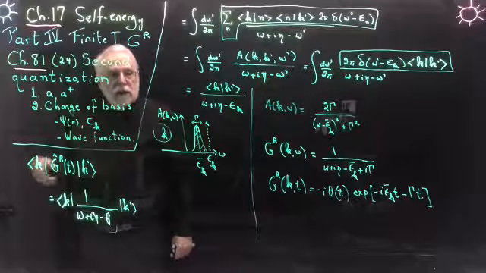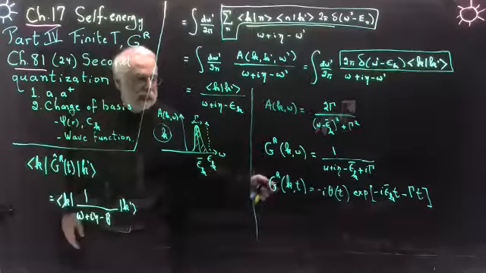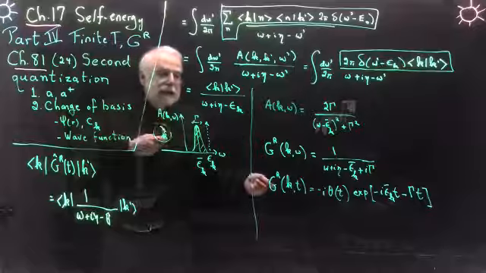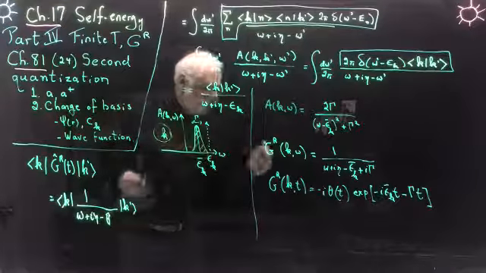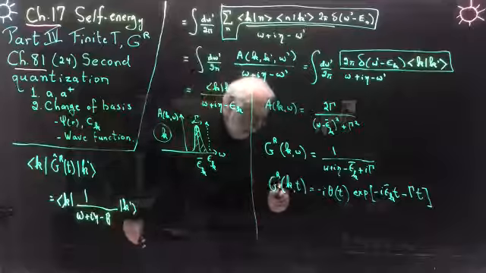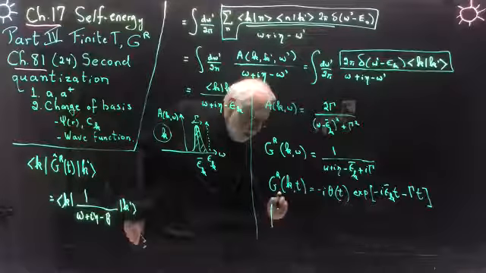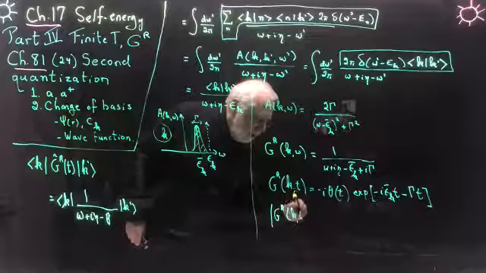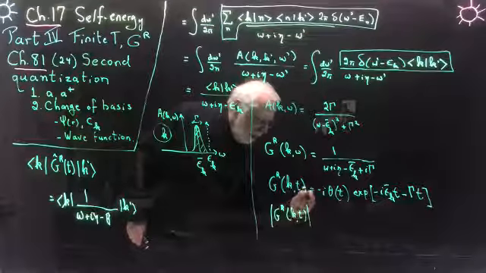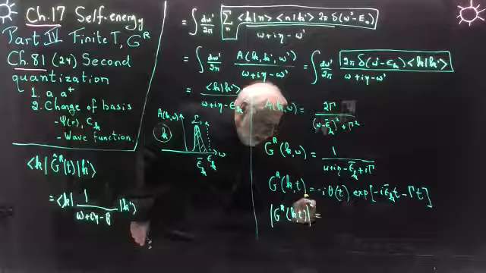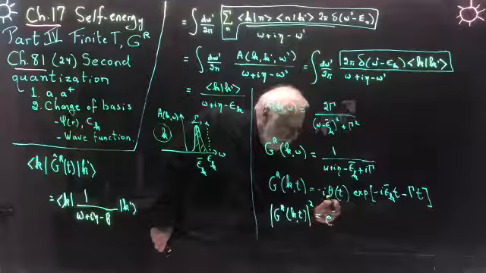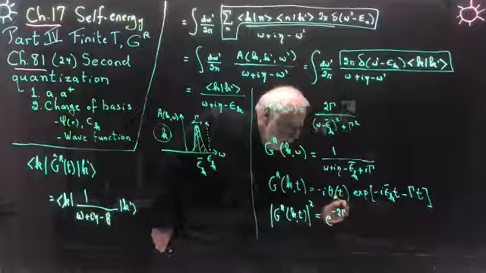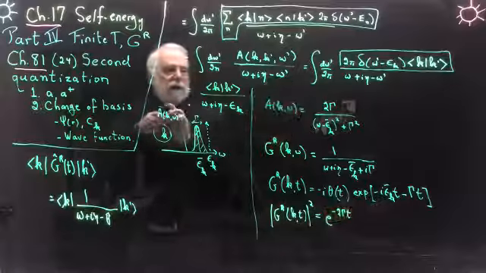The probability is just the square of the amplitude, so I take this times the complex conjugate. So the modulus squared of G retarded of k and t, that's G times G star, is equal to e to the minus 2 gamma t.